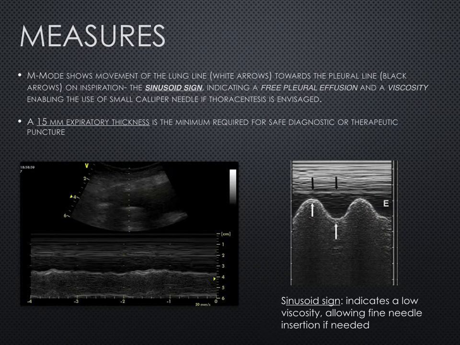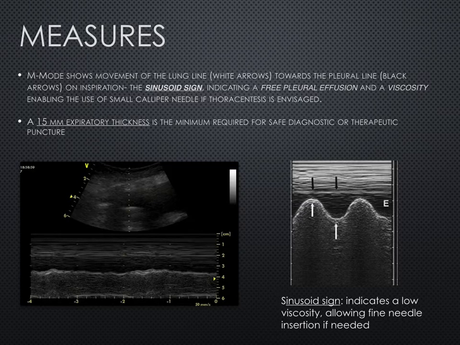Another way that we can start to interpret the type of fluid that we're seeing within that pleural space is to look at what we would call the sinusoidal sign. The sinusoidal sign is a way of us interpreting really the viscosity or the density of that fluid within that pleural space.